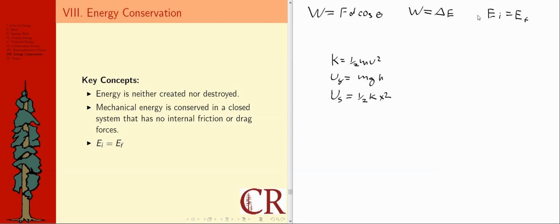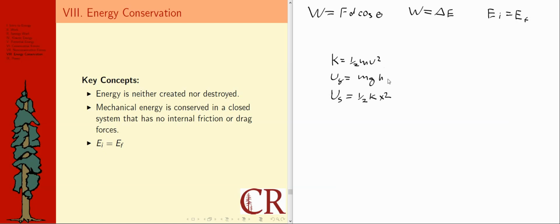And then the new concept we're going to have in this topic is energy conservation, although more specifically, this formula, E initial is equal to E final, is applied in situations where we can claim mechanical energy conservation. So we're going to have to distinguish the big concept of energy conservation versus a little bit more specific mechanical energy conservation.